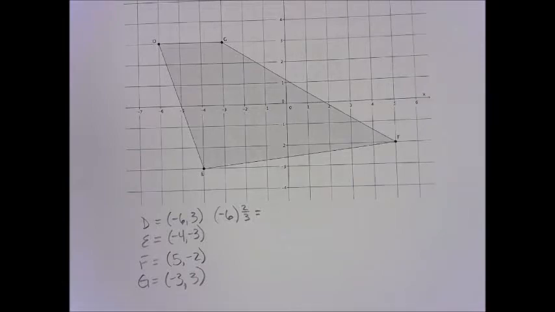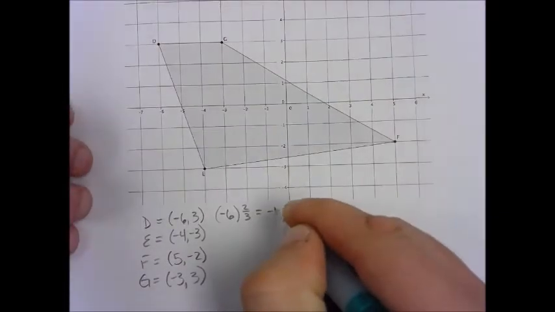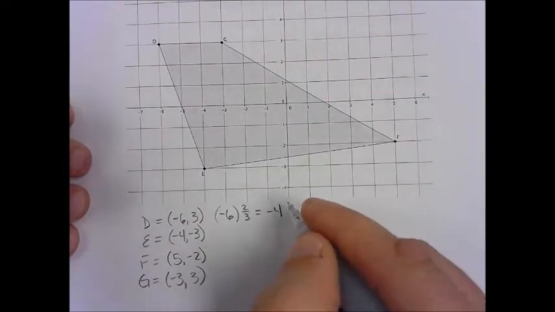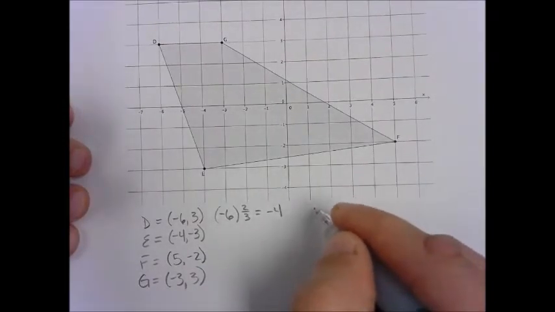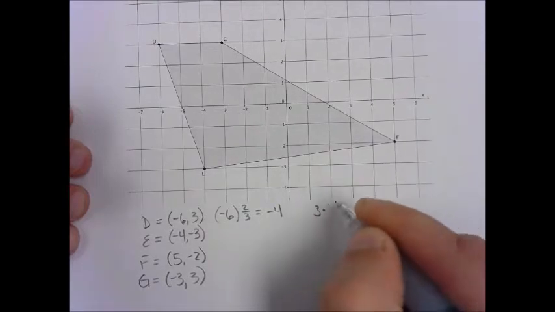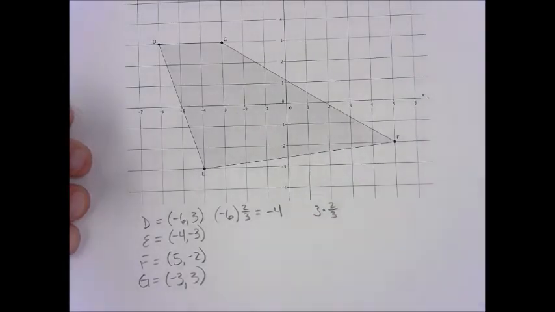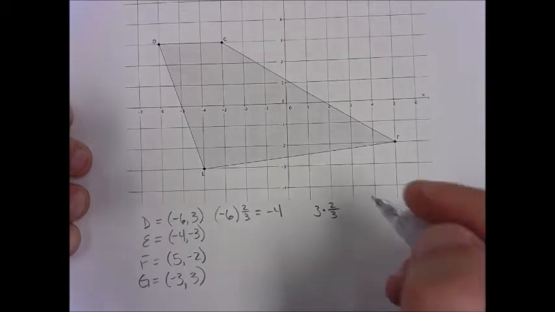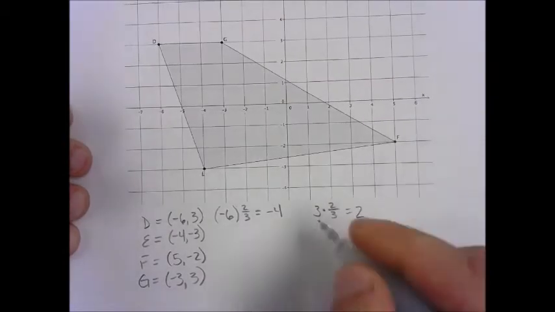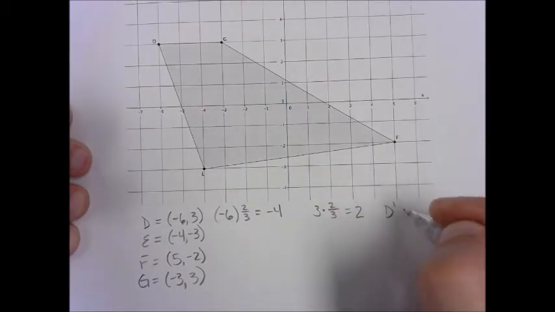If you have a calculator, you can use that. -6 times 2/3 is equal to -4. So -4 is my x, and looking for my y, I have 3 times 2/3, and when I type that in the calculator, you get 2. So my coordinates for D prime are (-4, 2).